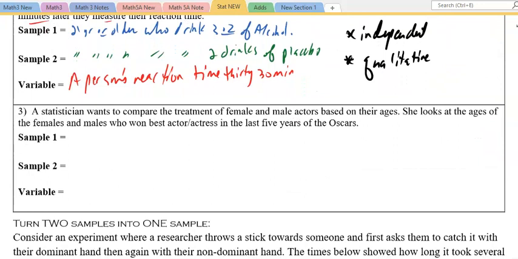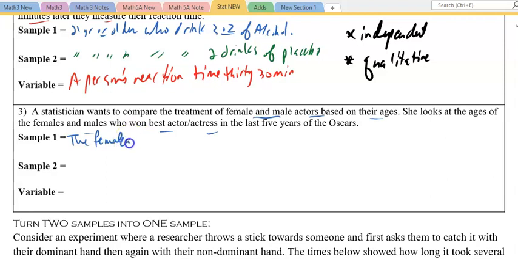Example 3. A statistician wants to compare the treatment of female and male actors based on their gender. She looks at the age of a female or male who won the best actor or actress in the last 5 years of the Oscars. So the first sample here, you could say the male, you could say the female. Let's go with the female.